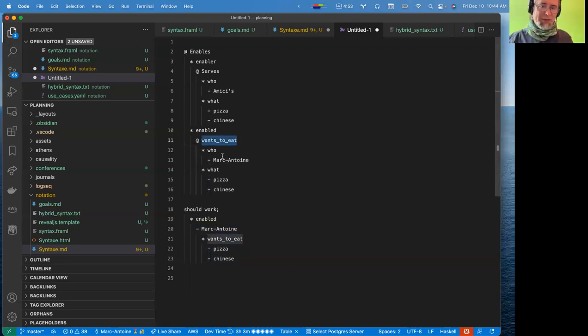It's wants to eat. It happens to be a binary predicate, but here, because I'm in object position, if you will, what I'll do is make it into, and I don't even have to have the new notation, really. It's a predicate, but I'm putting it in object position. So that means I'm treating it as the start of a frame. And then basically what I have really is subject object.